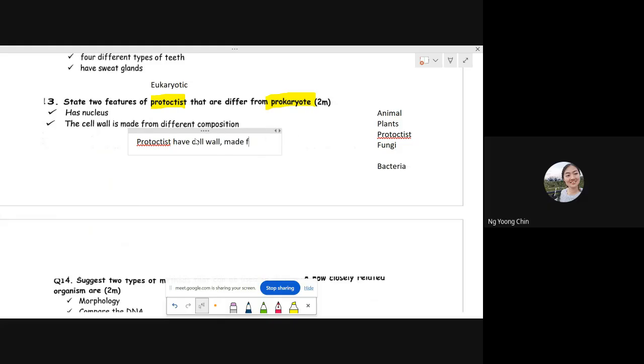I'm not sure, do you still remember? The cell wall is made from chitin. In the prokaryote, the cell wall is made from peptidoglycan.